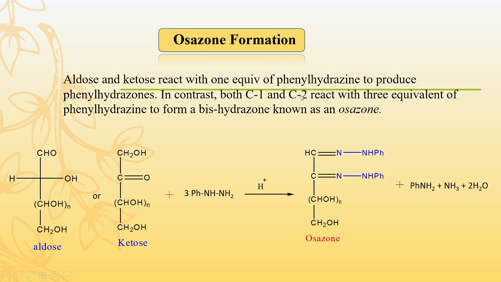Initially, one equivalent of phenylhydrazine reacts with this aldehyde group. In the mechanism, one equivalent of phenylhydrazine reacts with the aldehyde and in the first step gives a phenylhydrazone.